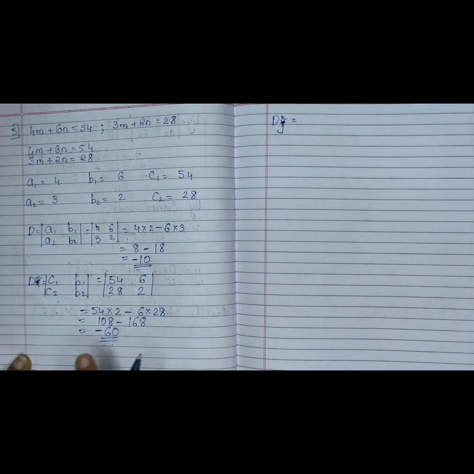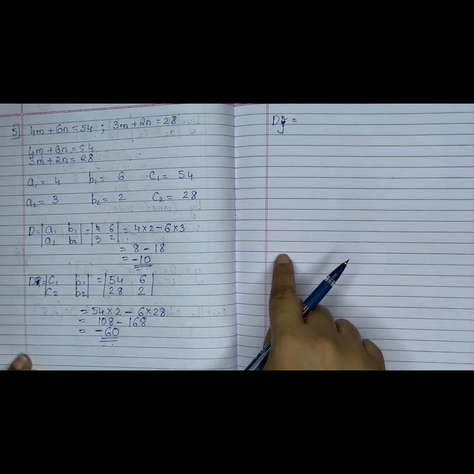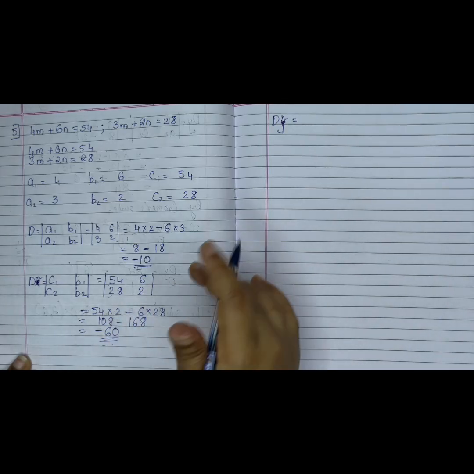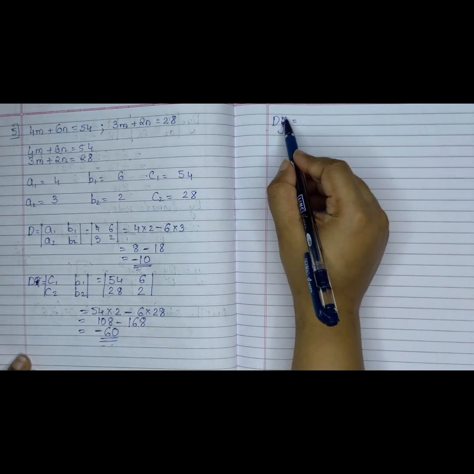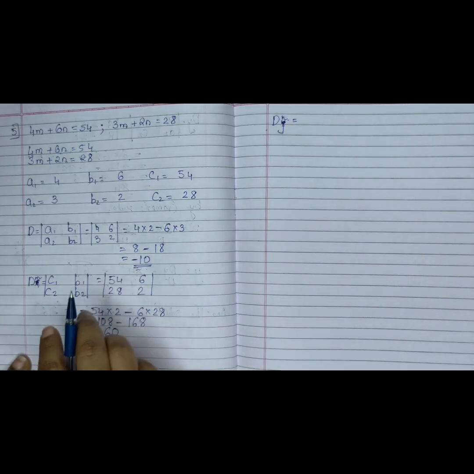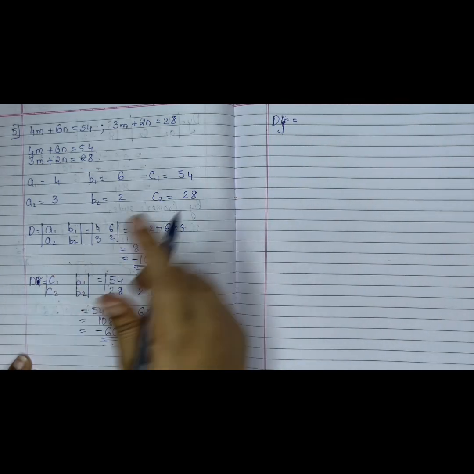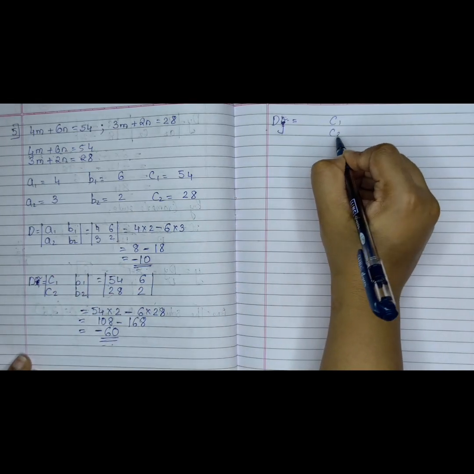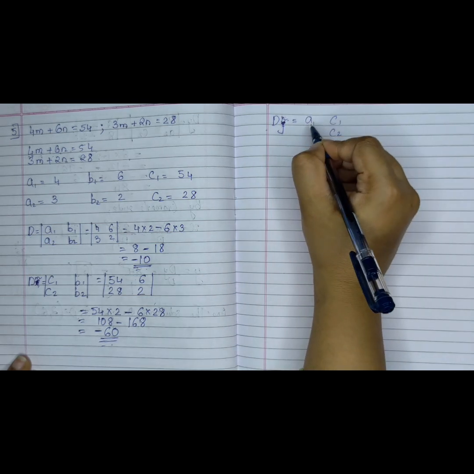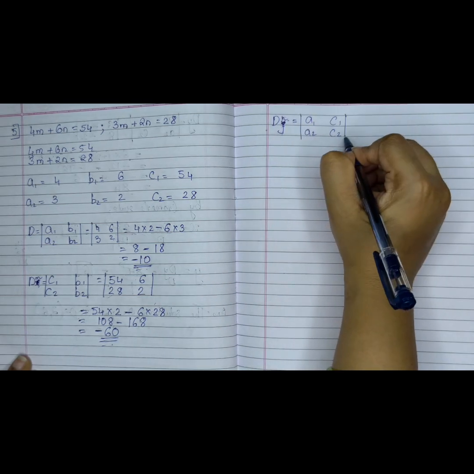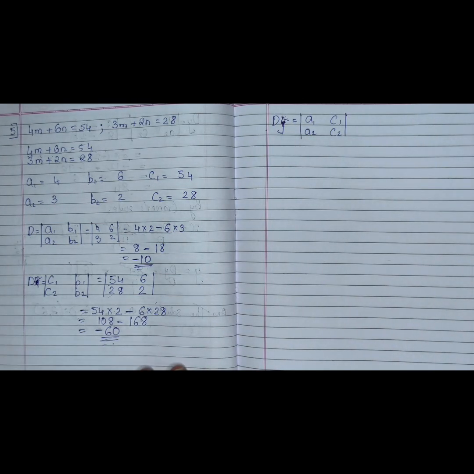So we can find the value of m and n instead of x and y. Now dn, that is dy only, will be, get this c1 c2 on the right hand side, and here you will have a1 a2. Same way, the whole sum is same, only here dm and dn.